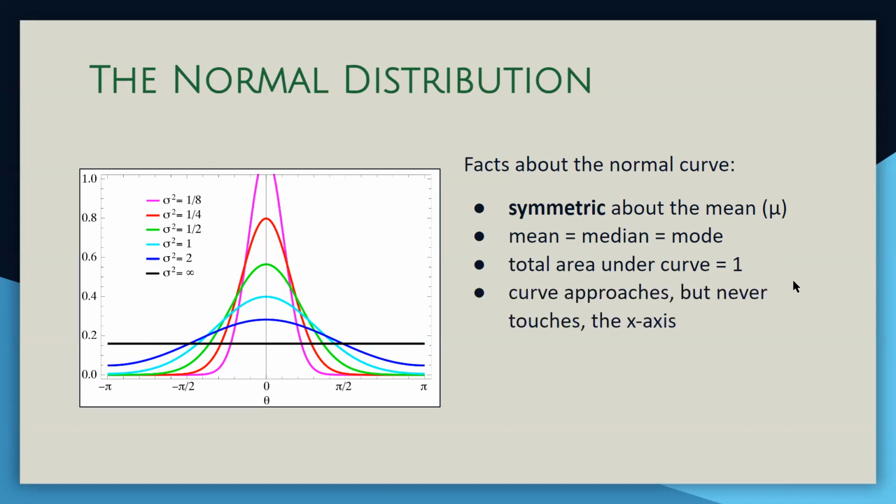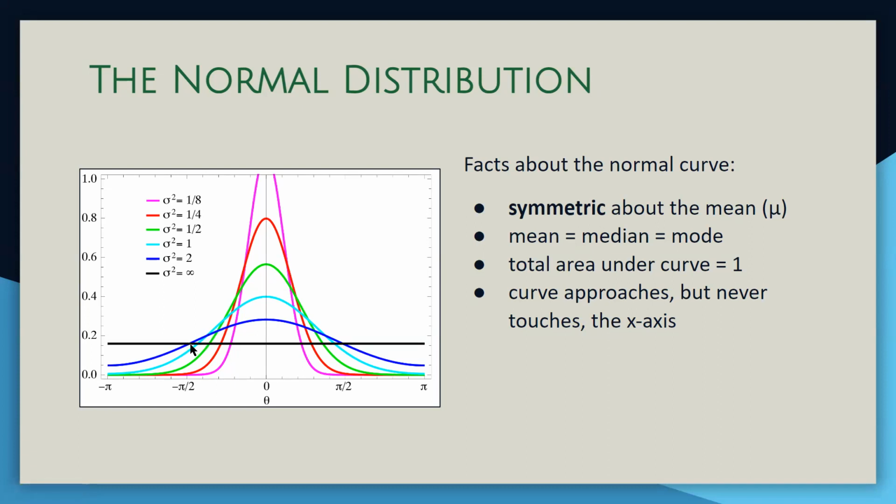And this is something unique to the normal distribution and a few other curves. That bell-shaped curve approaches, but it never touches the x-axis. So you can see, particularly for the pink and the red curves in this picture on the left, that they flatten out pretty quickly and they get closer and closer to that line at the bottom, but they never touch it.